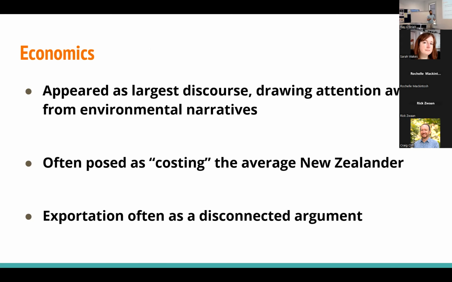So we immediately started to see green hydrogen being posed as more of an economic thing rather than an environmental thing. Now, this isn't negative. It just became a bit negative when we saw that a lot of these articles, often the skeptical and critical ones, posed this as costing the average New Zealander. Either through direct framing or by implication, they said that this was going to have a cost for us as average New Zealanders, rather than just being an expensive thing to bring into the country.